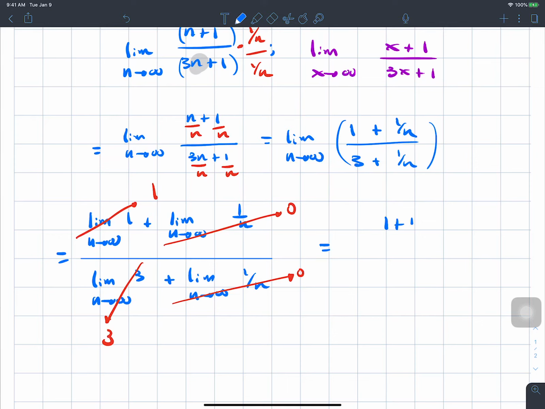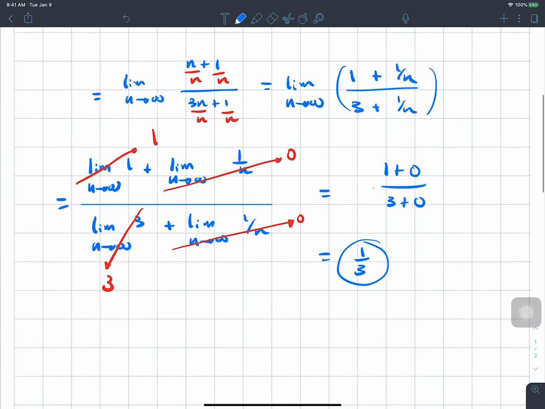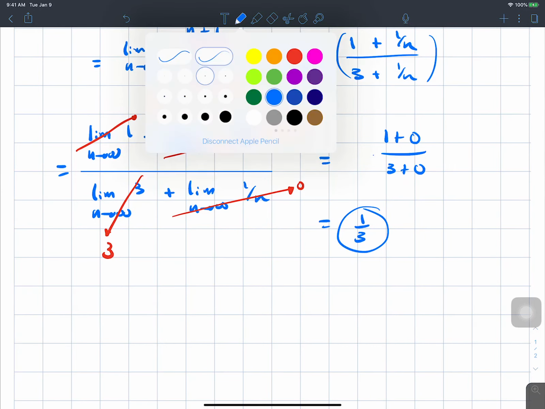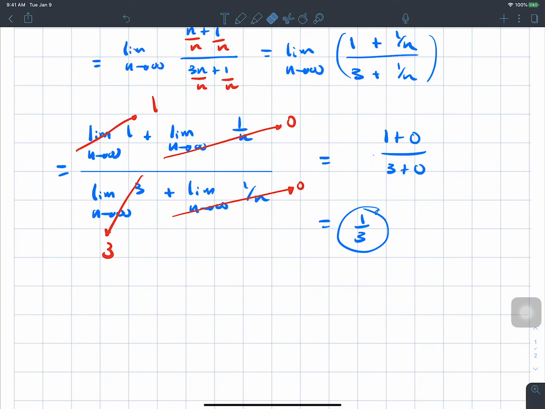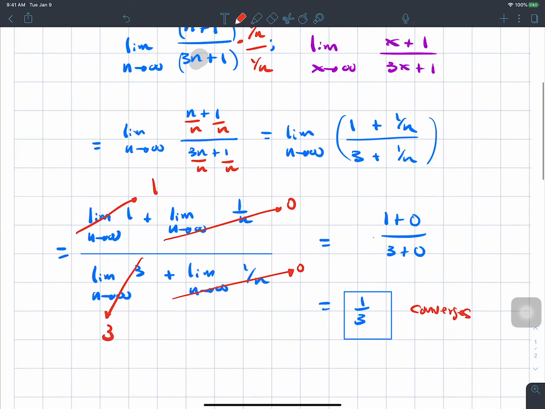So we really have 1 plus 0 over 3 plus 0, which is 1/3. So here's our final answer, 1/3. And so we can say that this sequence converges, and it converges to 1/3 here. So just want to remark, this is convergence. Okay.